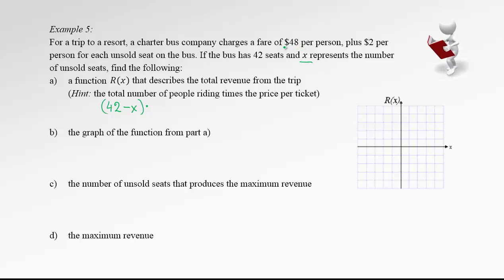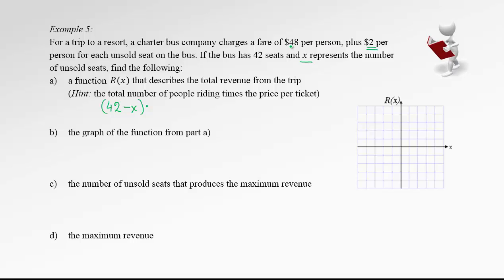Each person normally would pay $48, but since some people didn't go for the trip, this price will be increased by $2 per person for each unsold seat. So if one seat was unsold, the price will be $48 plus $2. If two seats were unsold, the price per each person will be $48 plus 2 times 2, which is $4, and so on.